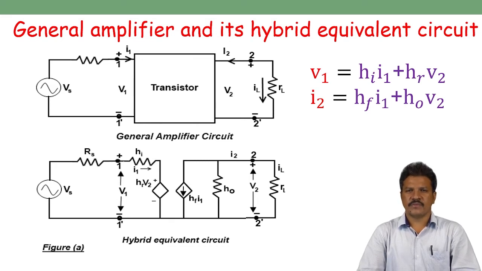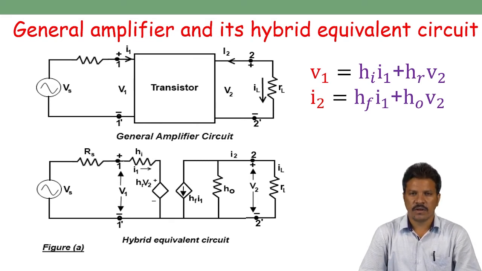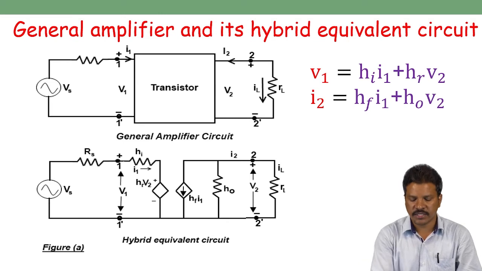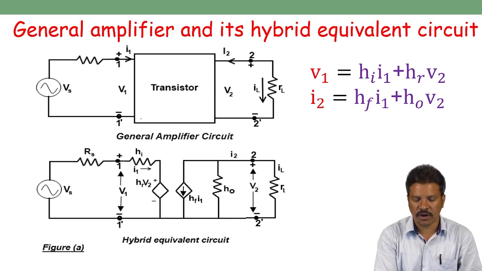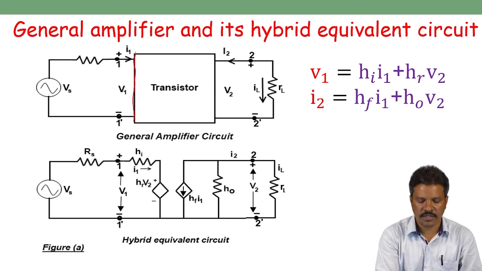Now we can see a simple transistor amplifier circuit represented in a two-port network model. A transistor connected in any of those configurations can be represented with a block diagram.